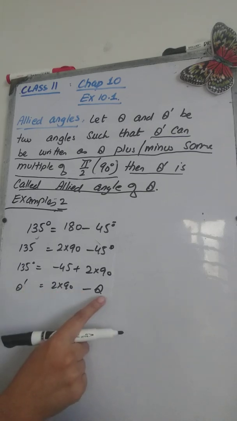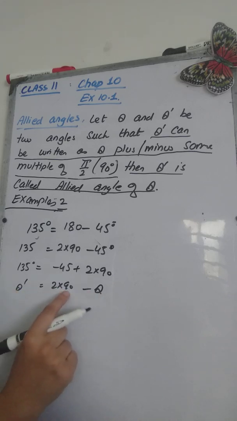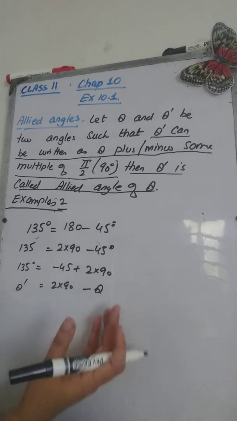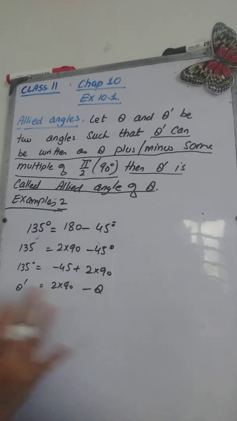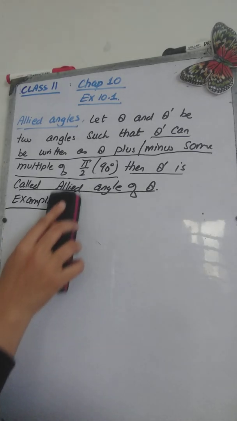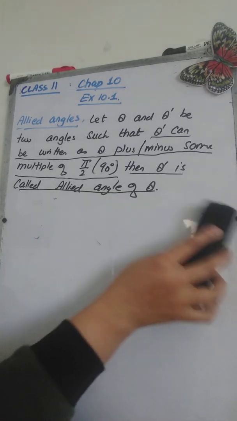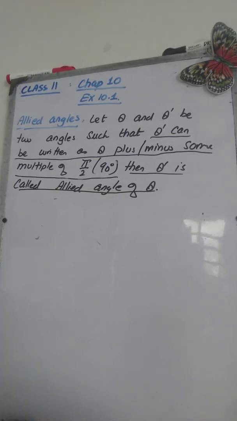They will be called allied angles of theta as long as you have some multiple of 90 added to or subtracted from theta, or theta is subtracted from this multiple of 90. These are the examples of allied angles, and the important property, the purpose why we study these angles, is that we can find the trigonometric ratios of the allied angles with the help of the angles that we already know.